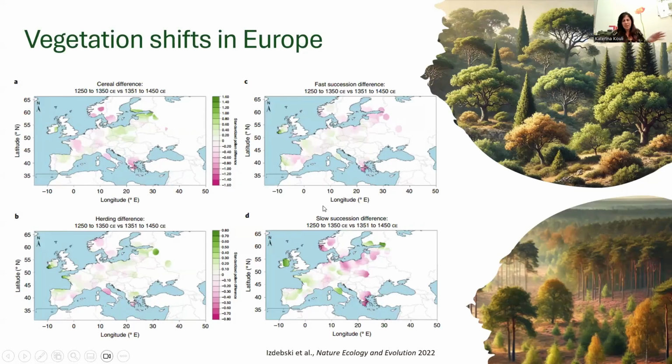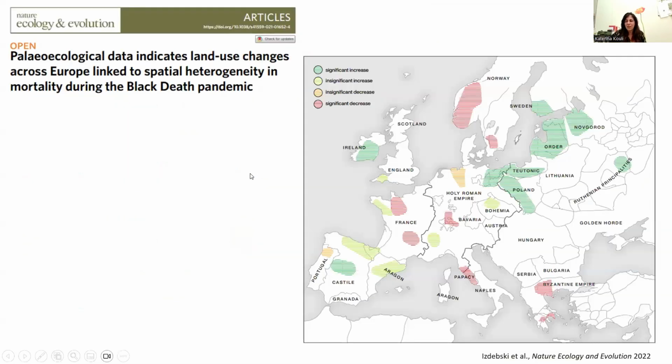By comparing all those data, which is a mixture, of course, we ended up with this result. Not everywhere in Europe was the Black Death that catastrophic. There are areas where big changes in land use are evidenced, like in the Mediterranean, in Greece and Italy.